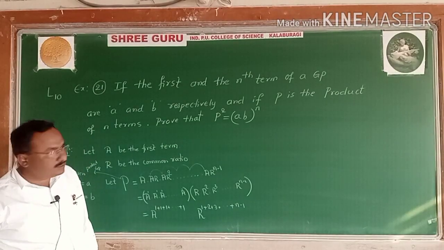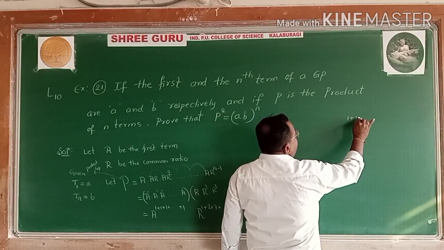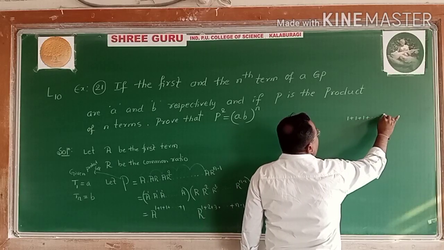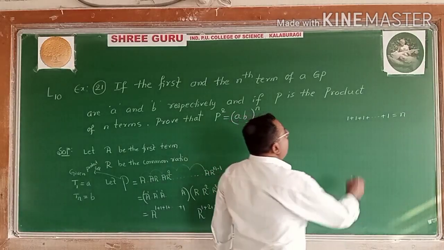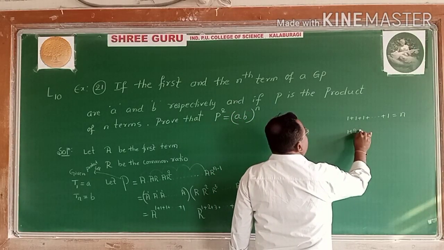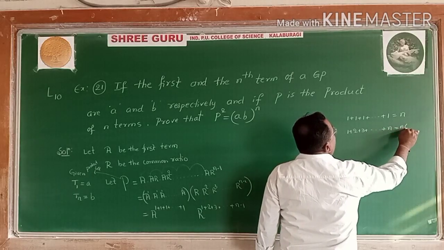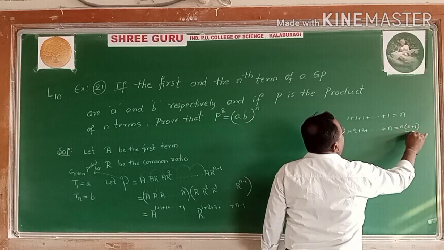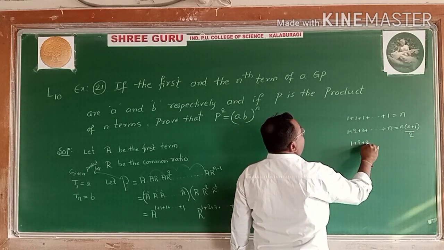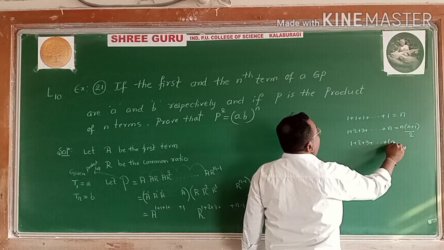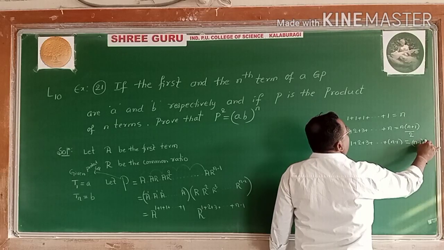These two formulas are there. 1 plus 1 plus up to n terms is equal to n. The sum of natural numbers 1 plus 2 plus 3 plus up to n is equal to n into n plus 1 by 2. And 1 plus 2 plus 3 plus up to n minus 1 is n minus 1 into n divided by 2.